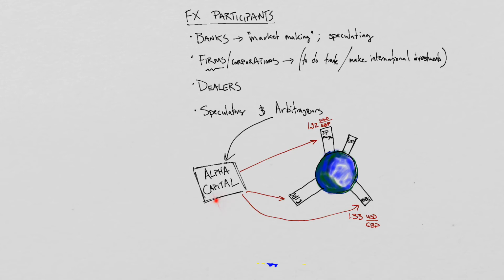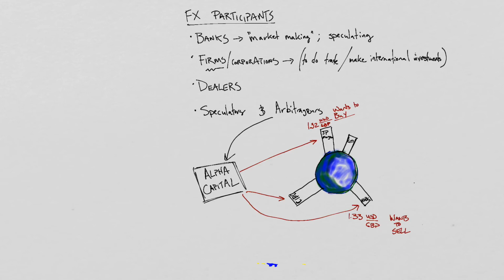And they look at the US dollar versus British pound rates for these two firms, and they see that JP Morgan is offering to buy US dollars versus British pounds at a stronger rate than HSBC is willing to sell.